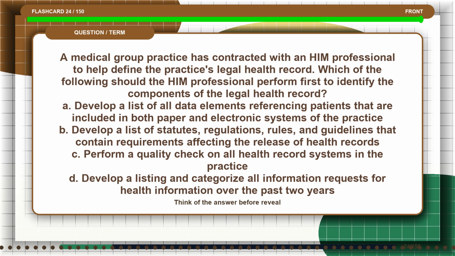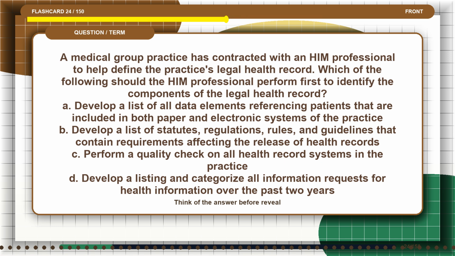Flashcard 24. A medical group practice has contracted with an AHIMA professional to help define the practice's legal health record. Which of the following should the AHIMA professional perform first to identify the components of the legal health record? A. Develop a list of all data elements referencing patients that are included in both paper and electronic systems of the practice.